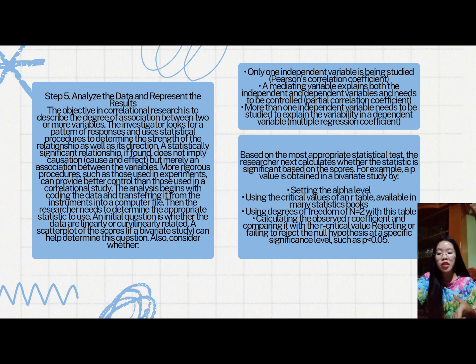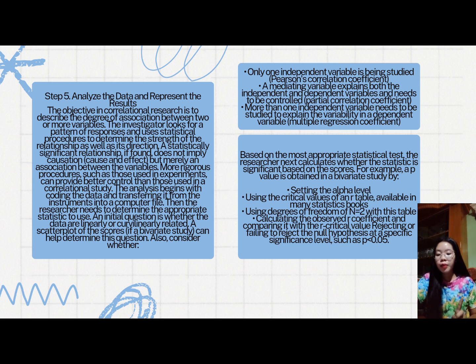The next is a mediating variable that explains both the independent and dependent variables and needs to be controlled, or what we call the partial correlation coefficient. When we say partial correlation coefficient, it is a coefficient to describe the relationship between two variables when taking away the effects of a control variable, which can be used to test conditional independence.